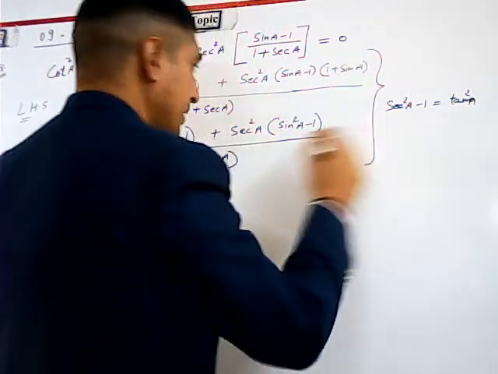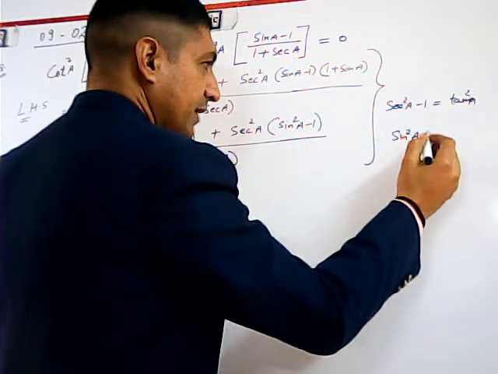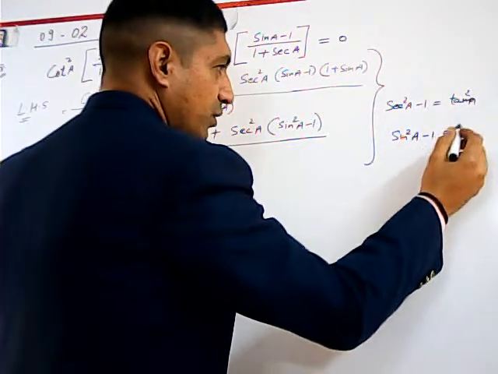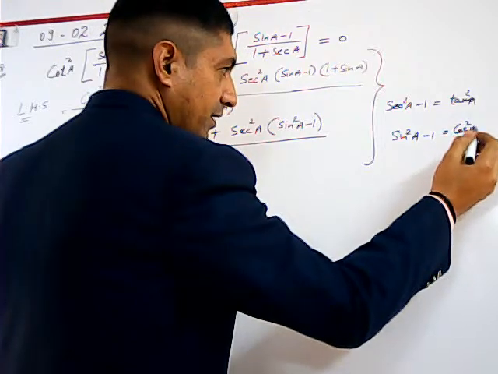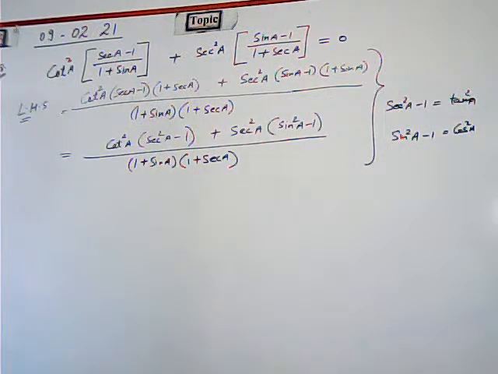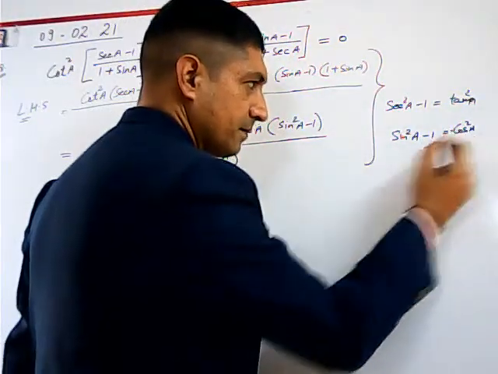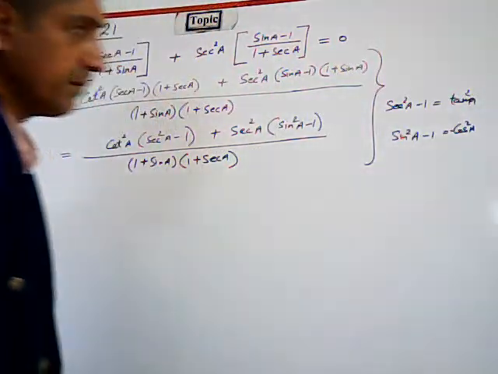And same here, sine square A minus 1 is equal to minus cosine square A.